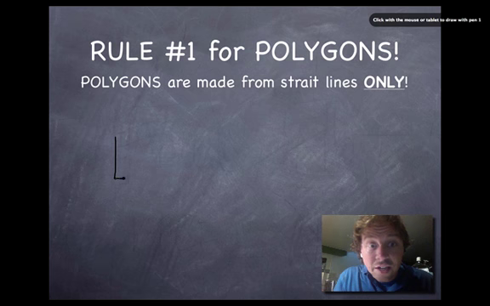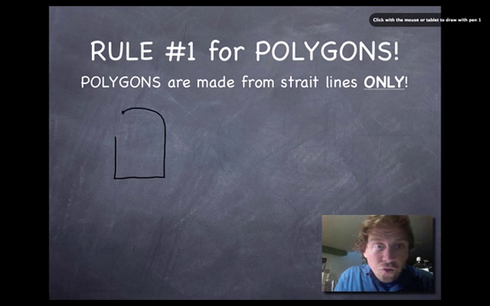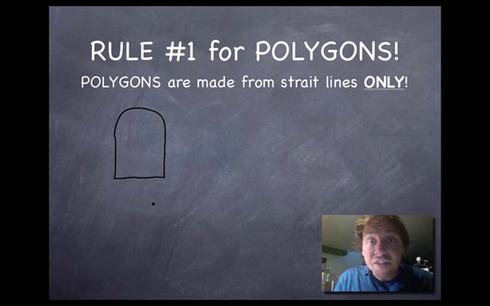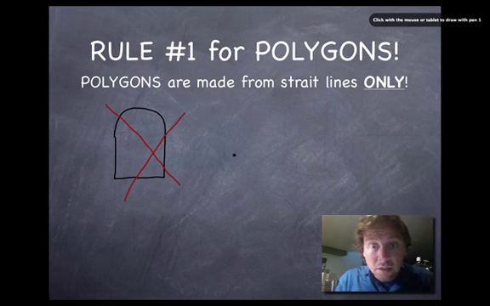Ooh, it starts out nice. Ooh, straight lines. But, okay, this is a shape, yes, but it is not a polygon. Why? Because there's this curved line up here. Okay, let's have another little example here.